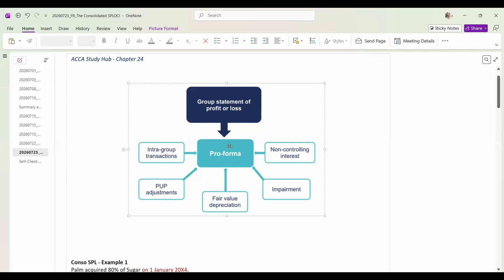Keep this mind map in your mind, and be prepared to deal with the problems around the map: intra-group transactions, provision for unrealized profit adjustments, fair value depreciation, impairment, NCI, we call it simply non-controlling interest.